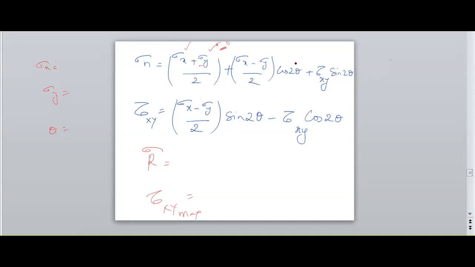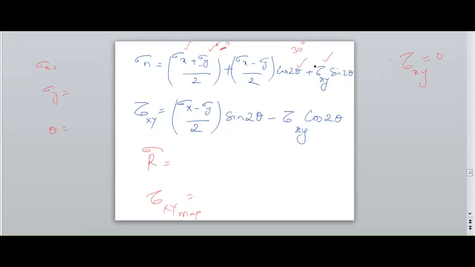Next, we have found the theta value, that is 30 degrees. Has tau xy been given or not? Tau xy is not given in my problem, therefore it is 0.